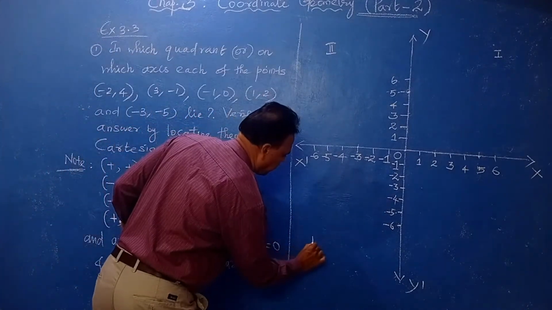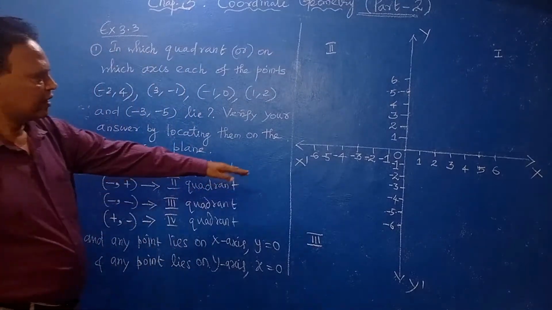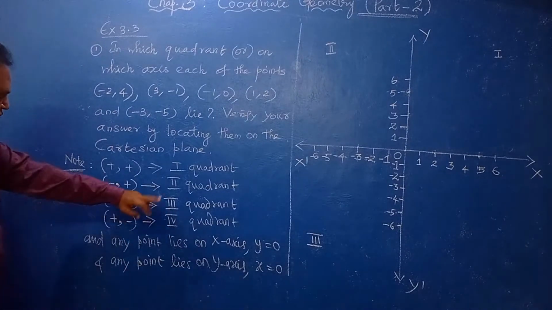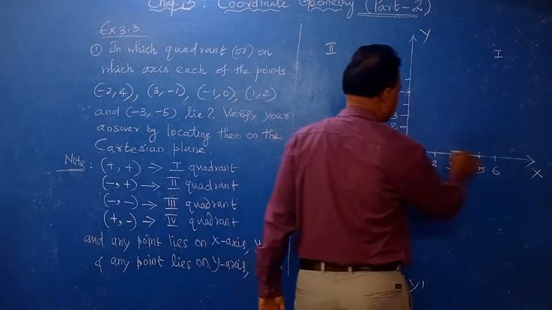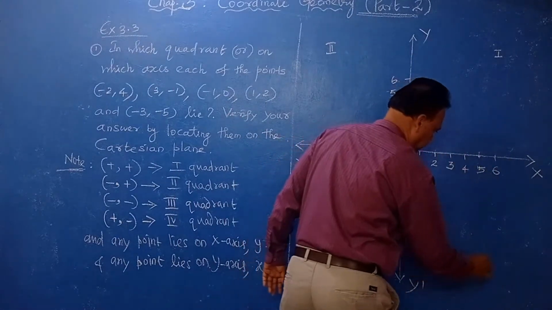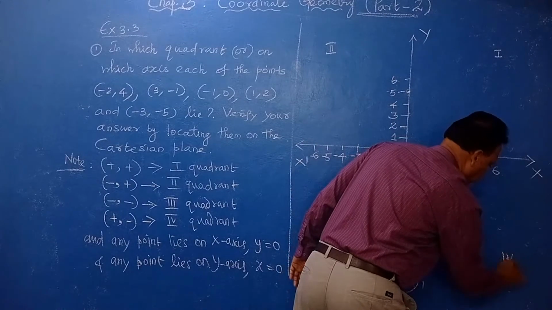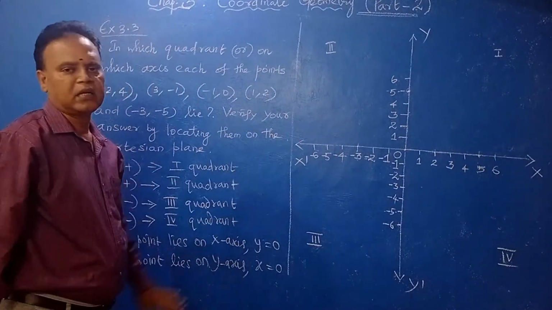Third quadrant: both negative, x negative, y also negative. Both coordinates negative means third quadrant. Then x is positive, y is negative, y is below negative, that is the fourth quadrant. So always you have to remember, those are basic concepts.